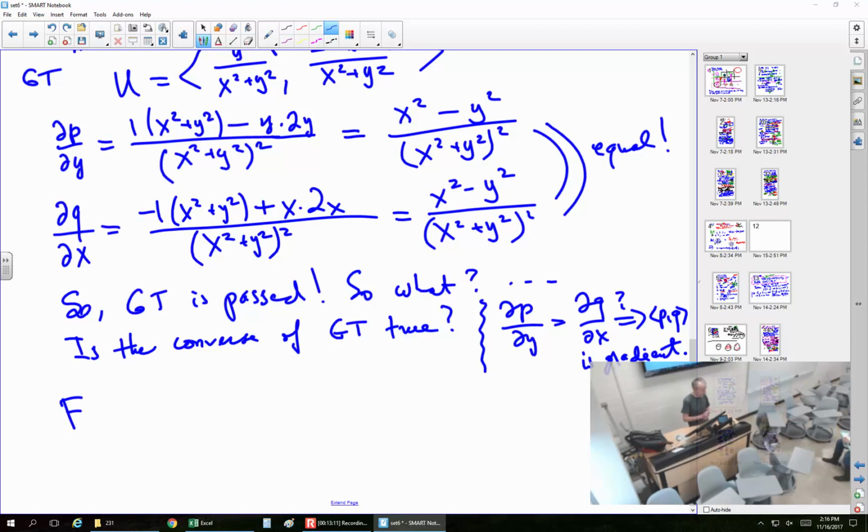Two things we'll still have to discuss: to show the converse, in what sense the converse is true, and then the seemingly contradicting fact that this is not a gradient vector field. So one is true in some sense, but on the other hand, U is not gradient.